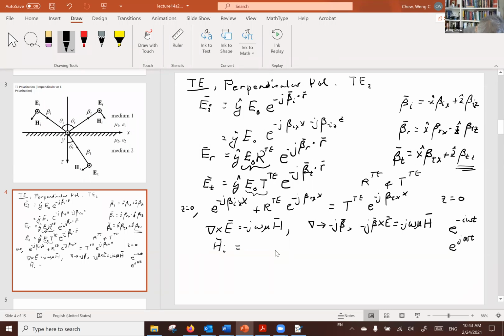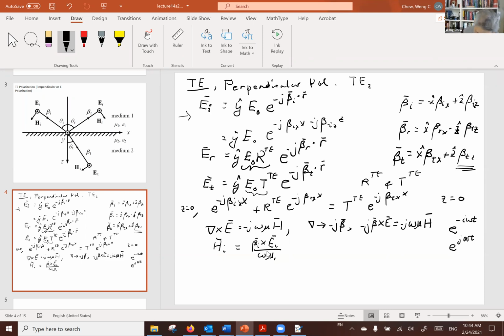So you see how tedious this is when you work with full-fledged Maxwell's equations. And if you work on this term, you will get that this should be beta_I cross E_I over omega mu 1, because I'm dealing with region 1.